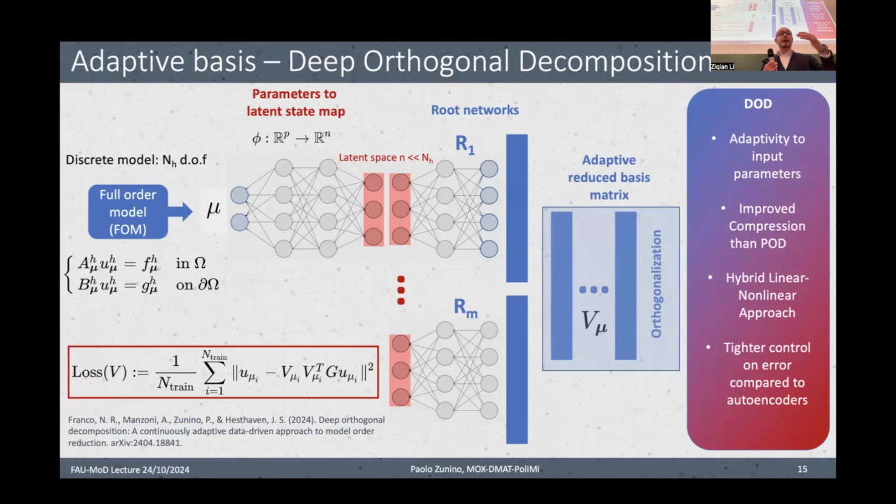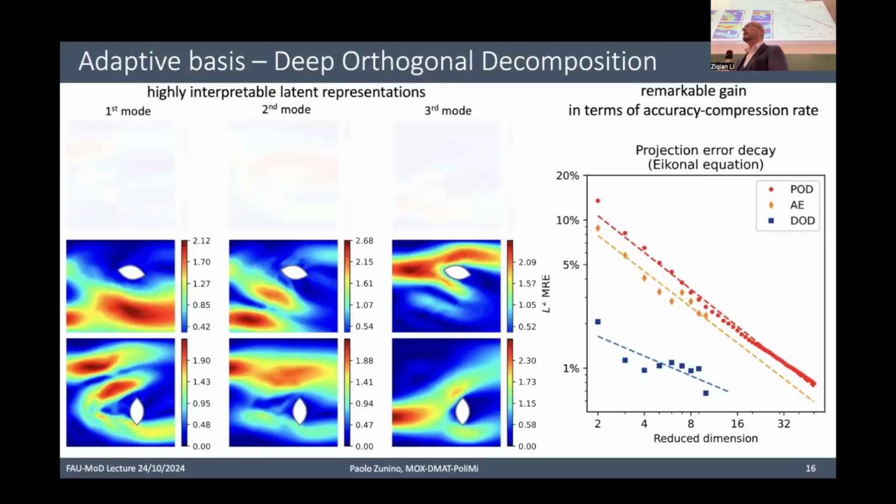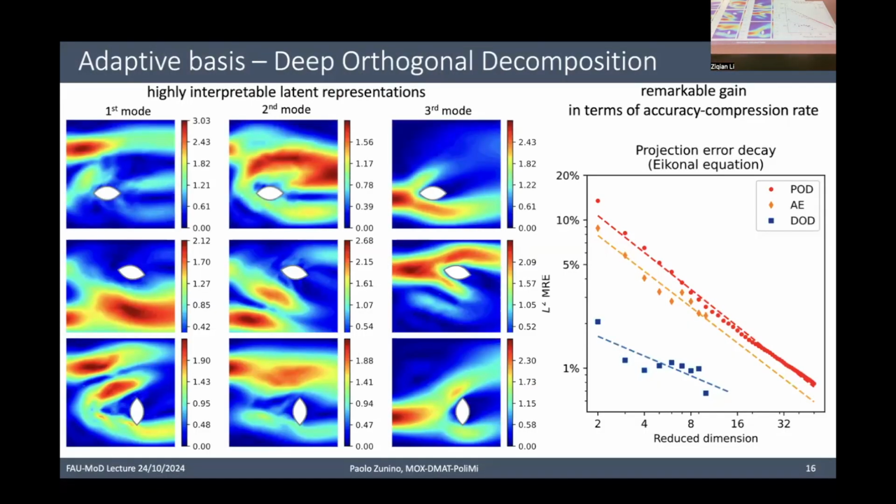And the whole system can be trained by minimizing the representation error of the true discrete solution with the projection into this adaptive basis set. And this is working quite effectively to minimize the number of bases that we need for constructing a linear approximation. Here, for example, we have a case where the parameters are the positions and angles of this obstacle in a Stokes flow.